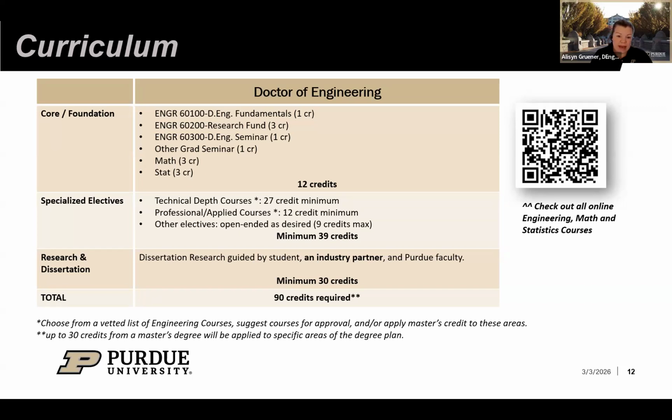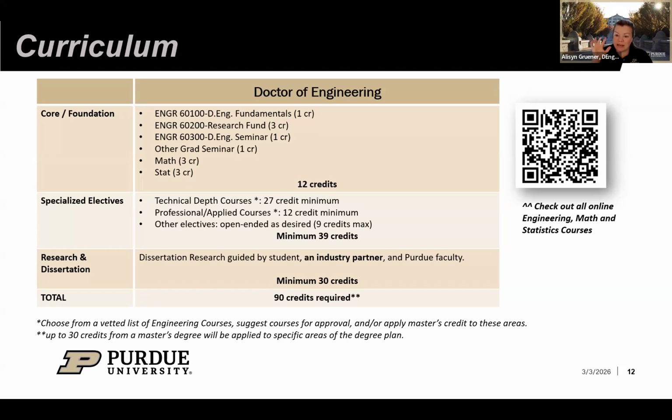Other than that, we have a big, wide open degree plan. So everyone's degree plan will look a little bit different based on your master's degree, and I'll talk about that on the next slide. But in general, you can see that we emphasize technical depth, professional and applied, and then open-ended electives as the way we hierarchically define the degree.